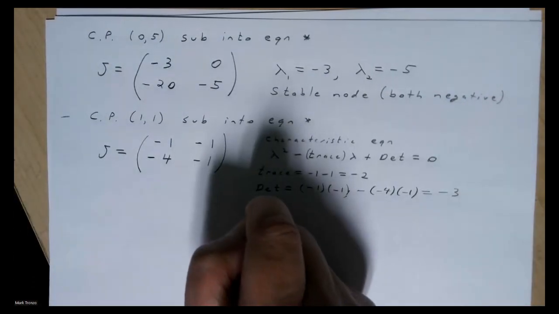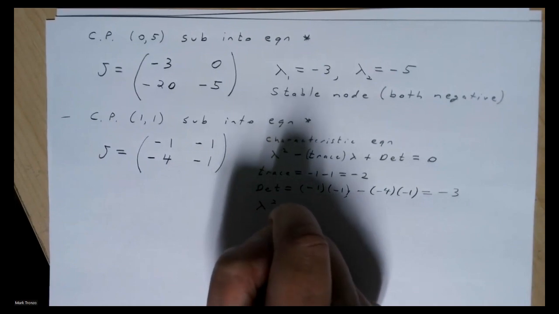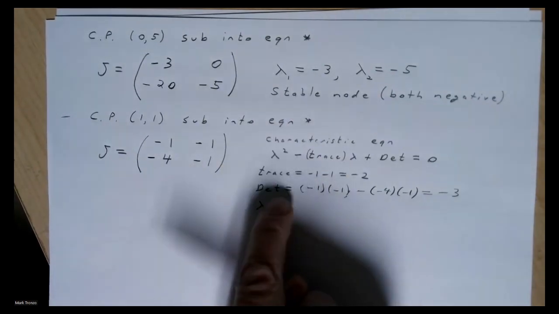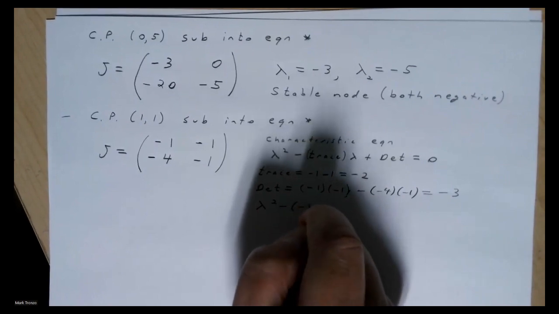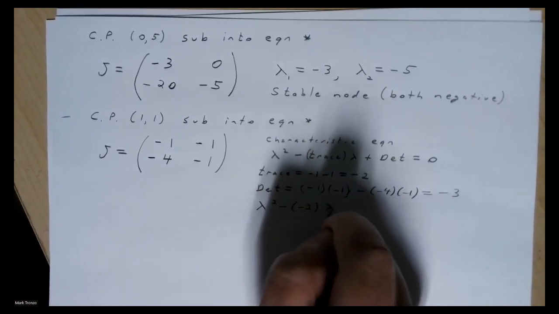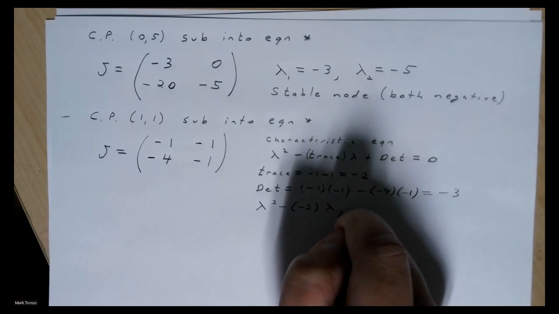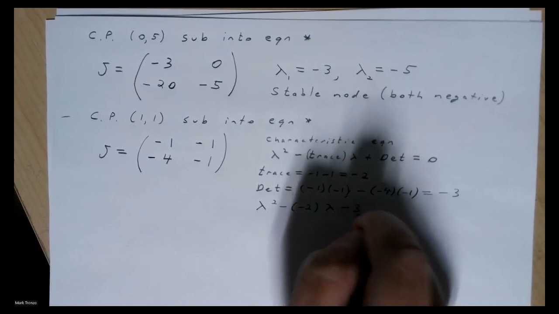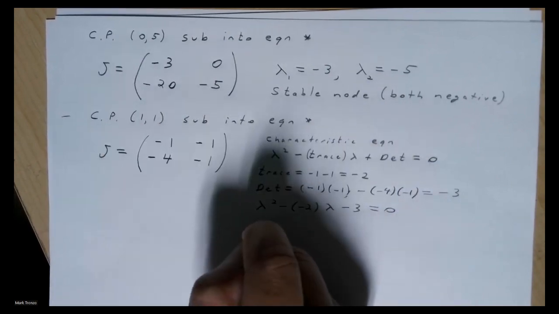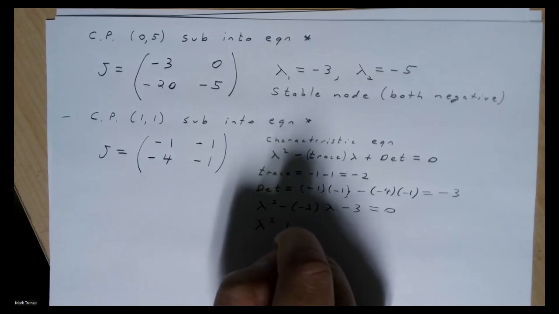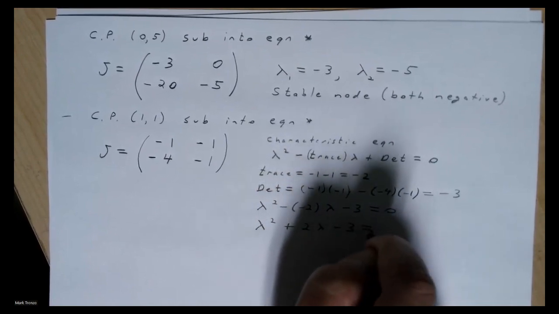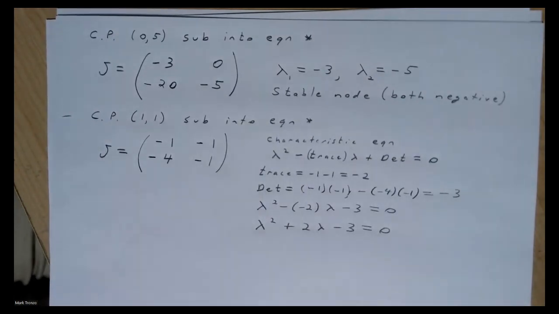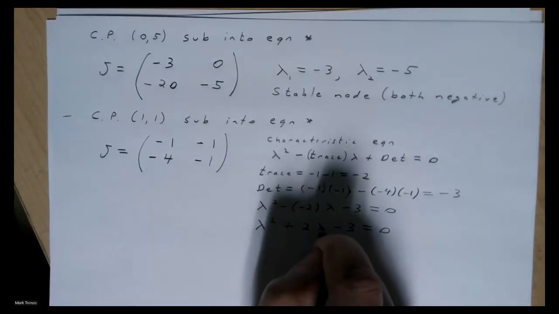So then our characteristic equation, as I said, is lambda squared minus the trace times lambda plus the determinant, set equal to 0, and that's the same thing as lambda squared plus 2 lambda minus 3 equals 0.